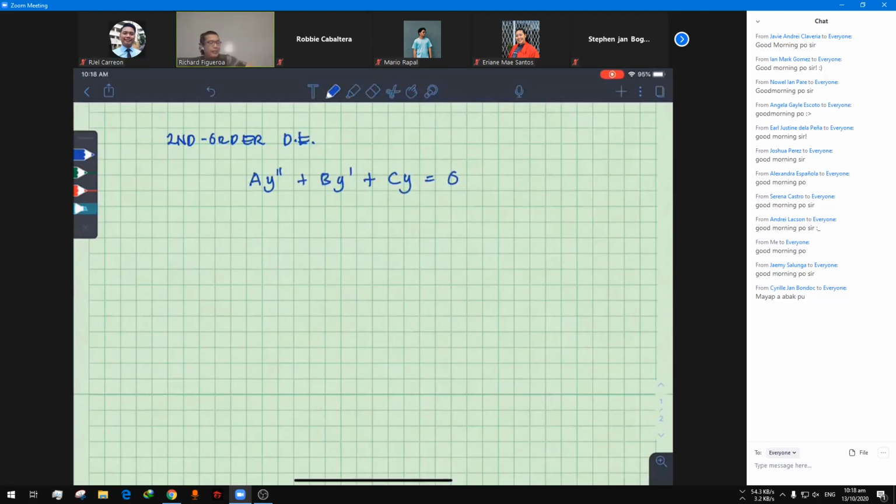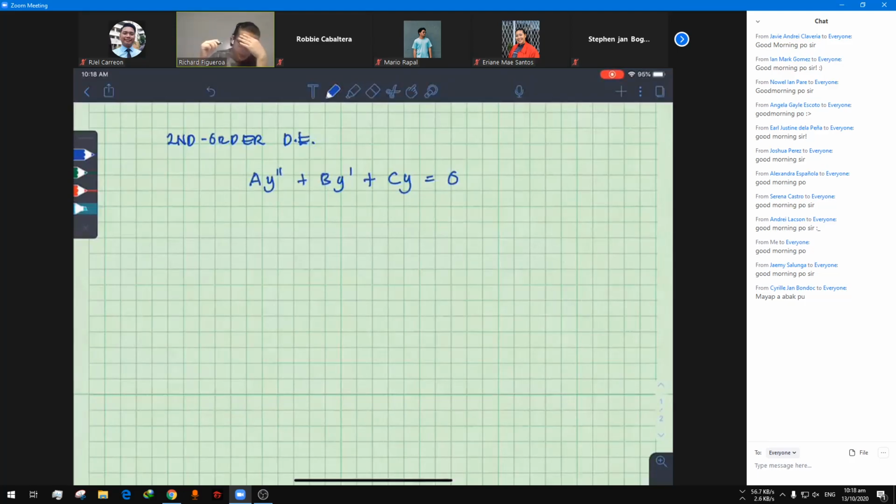This is the standard form of a higher order differential equation. We have the second derivative, and a, b, and c are the coefficients of the differential equation.